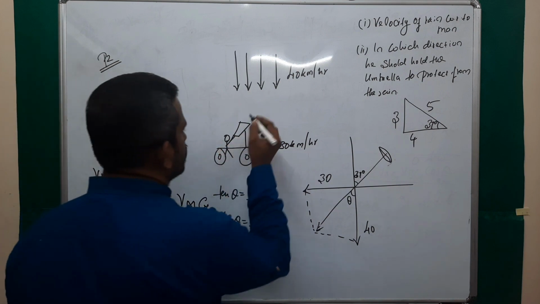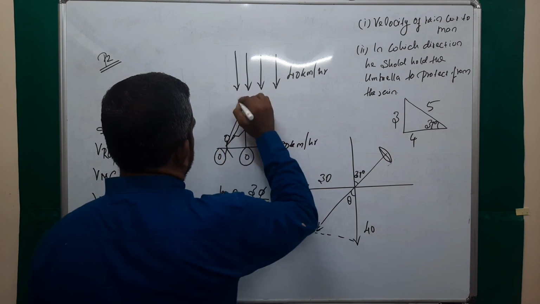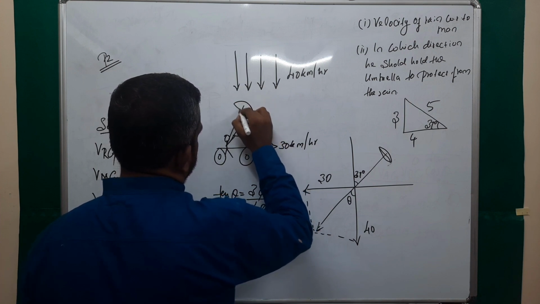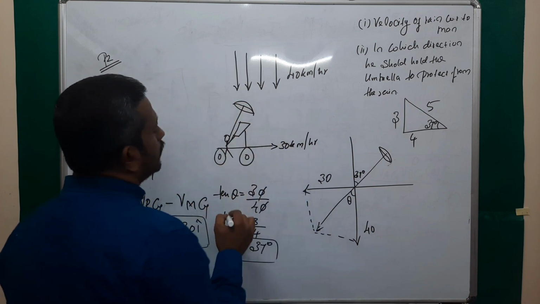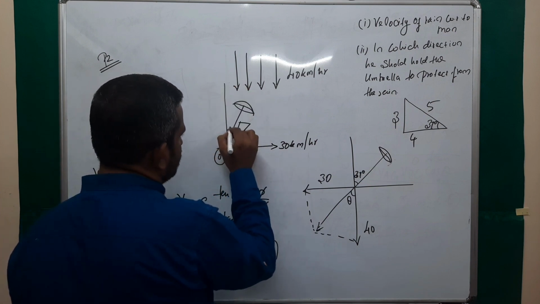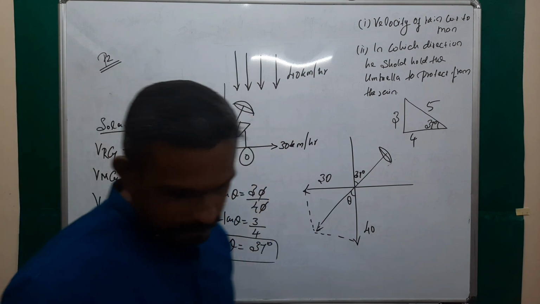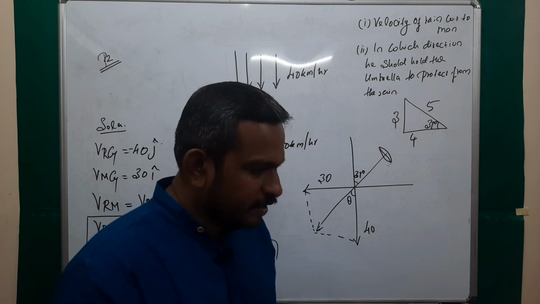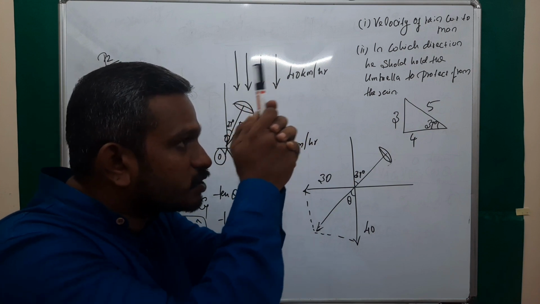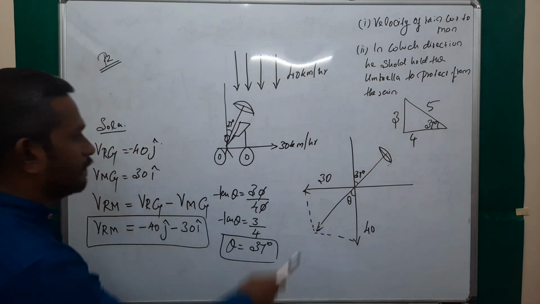So the man on the cycle should hold the umbrella at 37 degrees, suppose this is the vertical. When he is at rest, standing on the ground, he holds the umbrella like this. When he is moving on the cycle, he has to hold the umbrella like this. So 37 degrees. Clear?